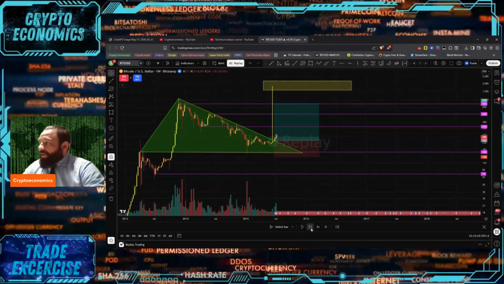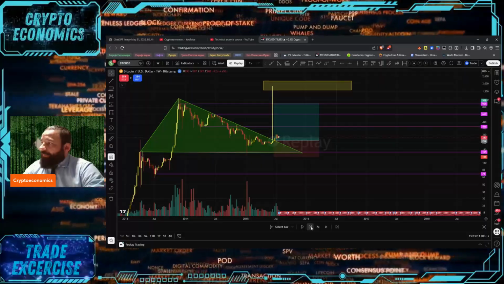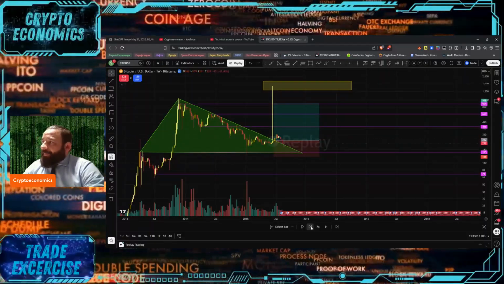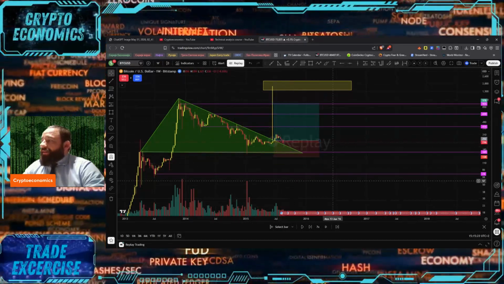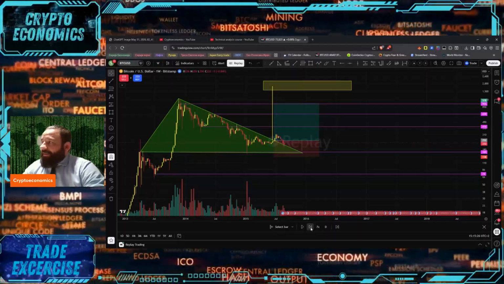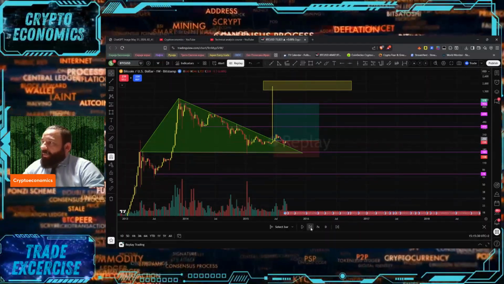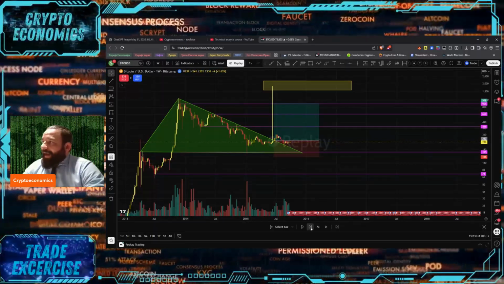Now, if we continue forward, we can see that we are currently in profit in this trade. We are in the green part, and we're expecting this to continue. Sometimes it happens that we have a retest of the triangle itself, but usually with these formations, after the retest is done, they should continue upwards. And we're going to wait a little bit since we're still, as you can see, at our entry level.